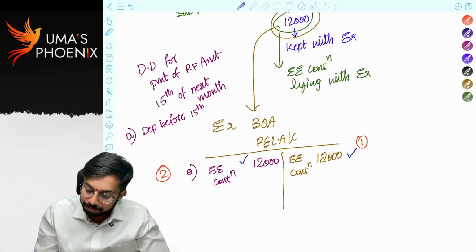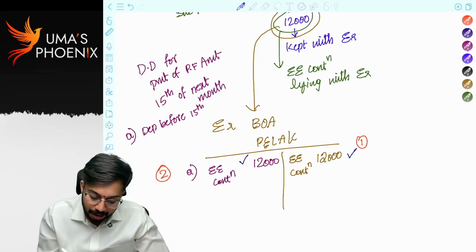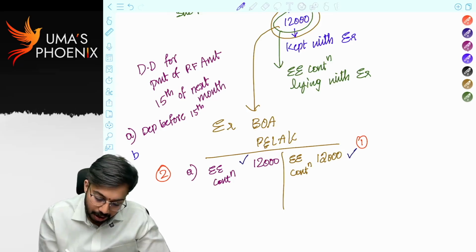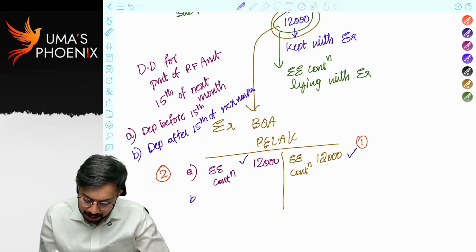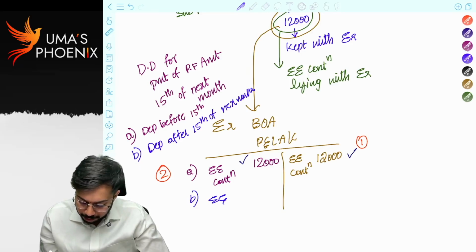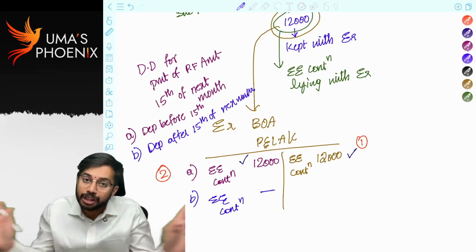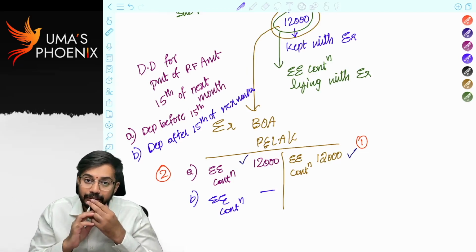Case B. Deposited after 15th of next month. In case 2, employee contribution is not allowed as expenditure.